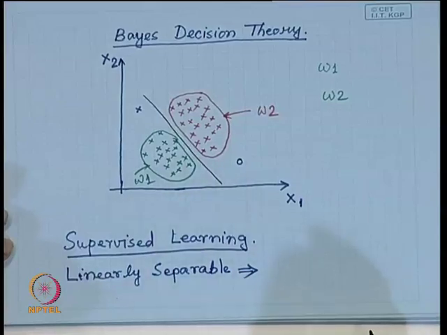So, only when the classes are linearly separable, I can find out a straight line separating the two classes in 2 dimension. If it is in 3 dimension, that is I have 3 dimensional feature vectors, in that case I will have a plane separating the two classes. If the dimension is more than 3, I can neither have a straight line nor a plane, but what I have is a hyperplane. Okay.